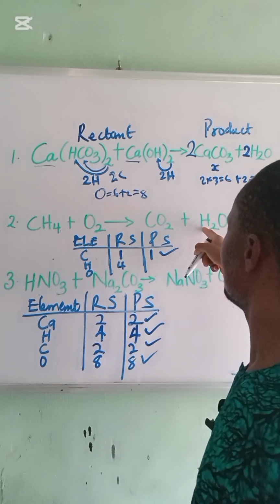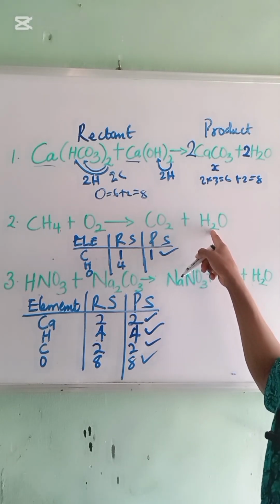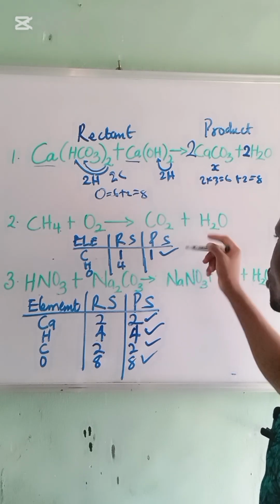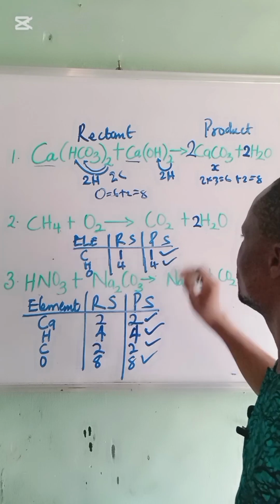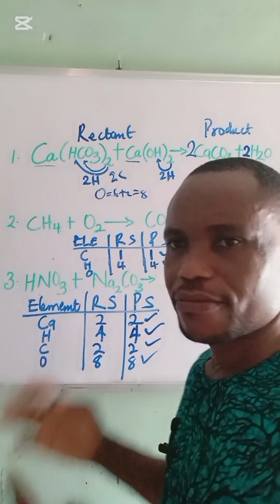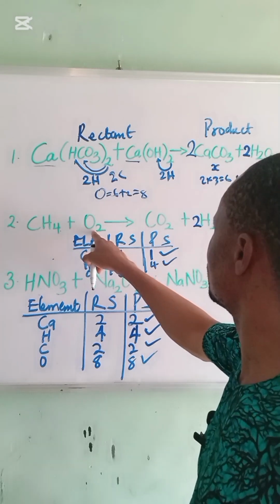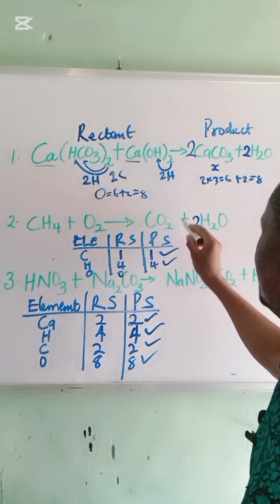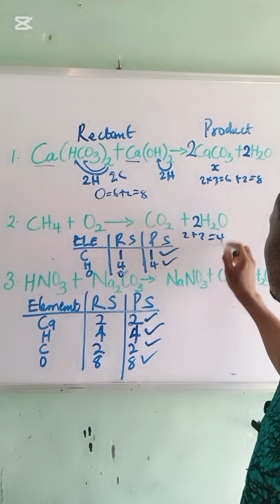Hydrogen is 4 here. So we have to balance it by adding this. We have 2 hydrogen at this point. So for us to balance it, we add 2 here. 2 times 2 is 4. So hydrogen is also balanced. Then we are left with oxygen. So oxygen here is 2, but oxygen here is 2 plus 2 equal to 4.